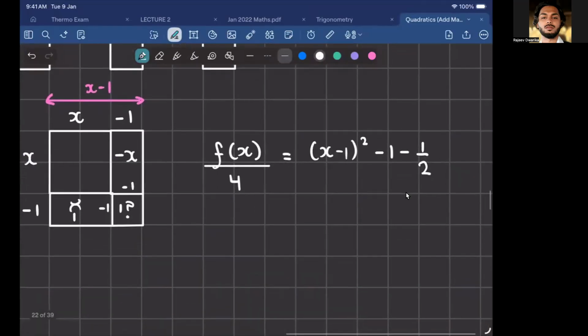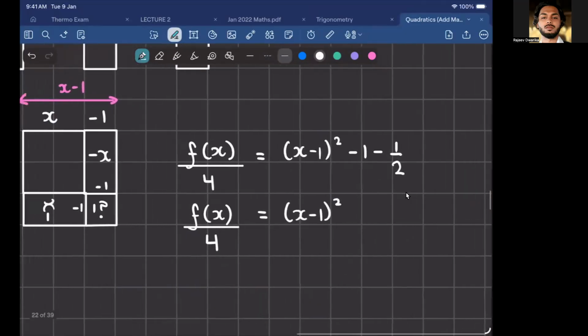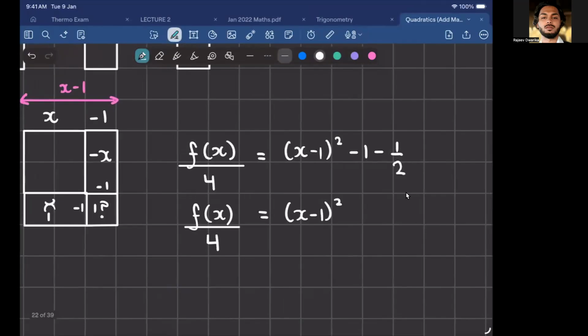Okay. Let's see how this is going to pan out. What is -1 -1/2? Can you repeat, sir? What is -1 -1/2?